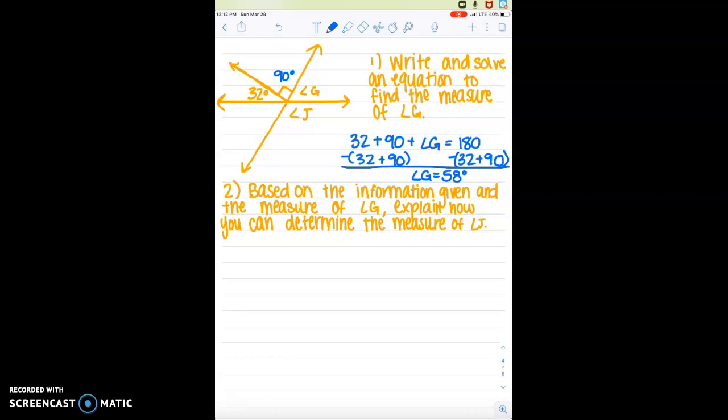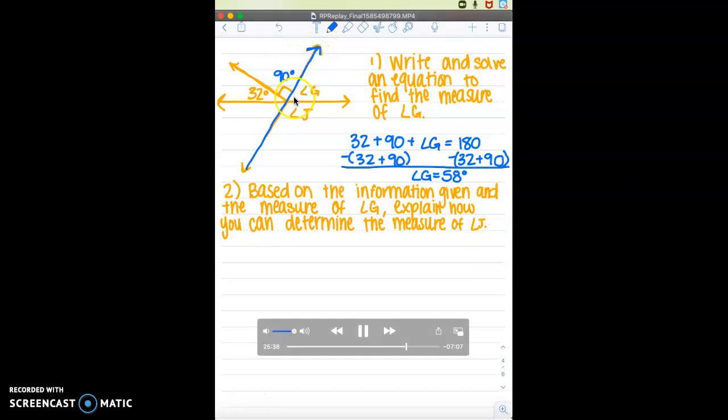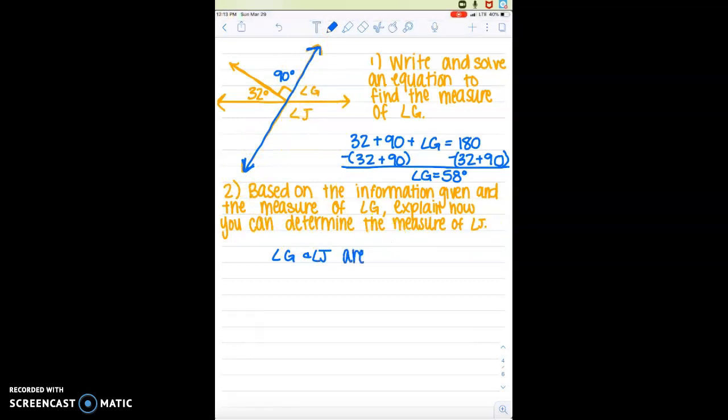Based on this information, I can figure out that since this right here is a straight angle, even though it's diagonal, it's still a straight line. I know that angle G and angle J are supplementary, which means they have to add to 180 degrees. So that means that angle G plus angle J is going to equal 180 degrees.